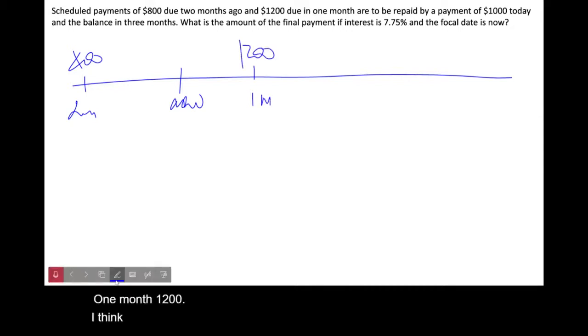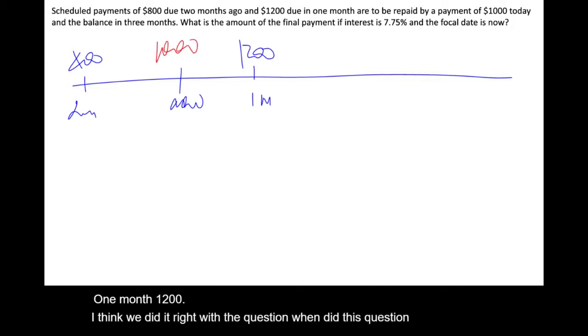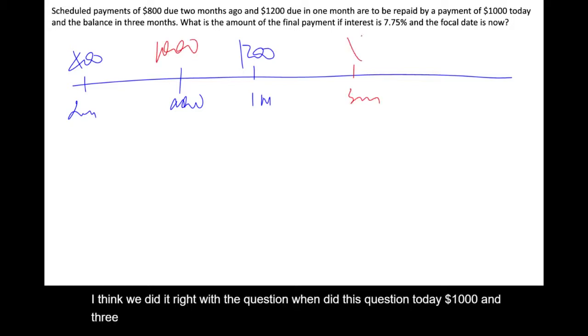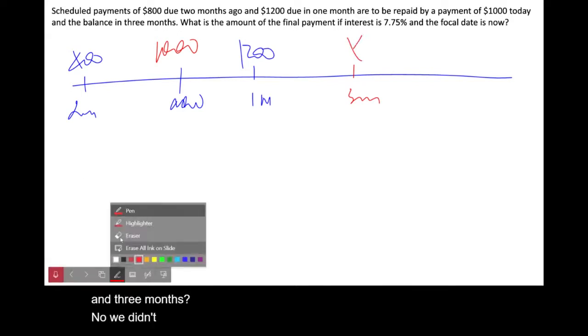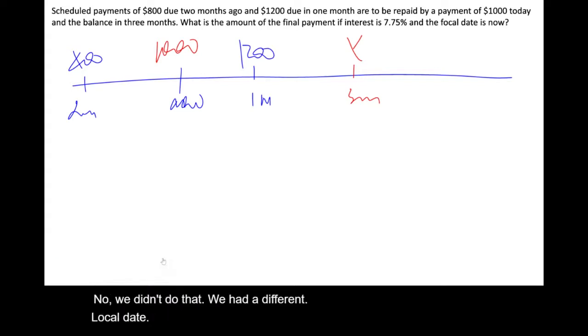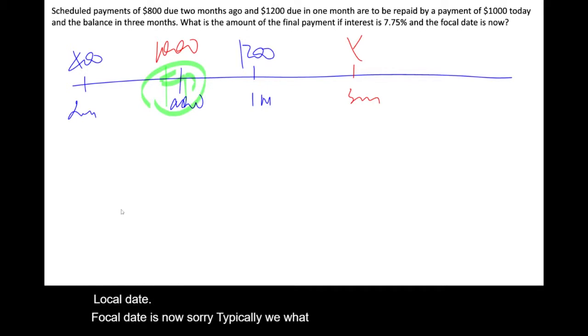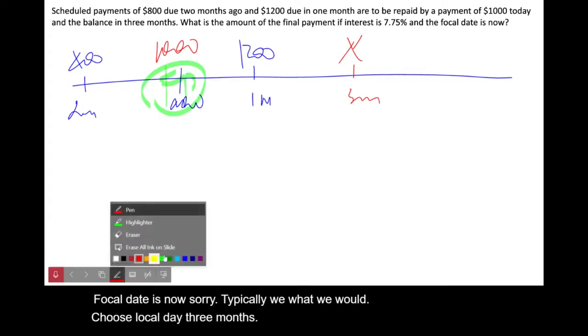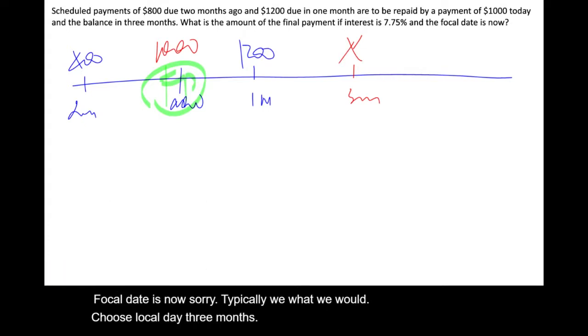I think we did it, right? We did this question. Today, $1,000, in 3 months. No, we didn't do that. We had a different focal date. Focal date is now. Sorry, typically we would choose focal date 3 months, right? But then they want us to use focal date now.